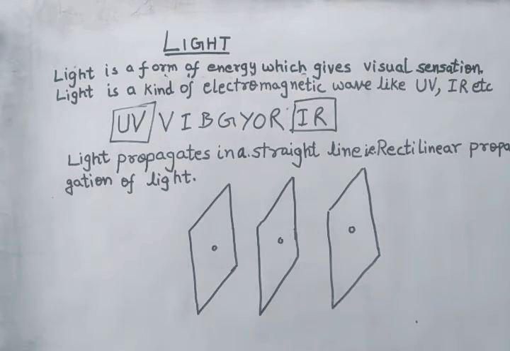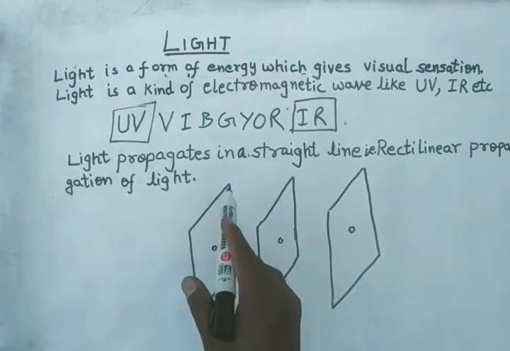Now, actually, students, due to some limitation, I'm not able to perform these activities. But in a separate video, I will try to perform them. Anyway, you can perform them. Take 3 big cards, approximately this much in size, and make a tiny hole. Don't go for paper, because paper will not block the light.